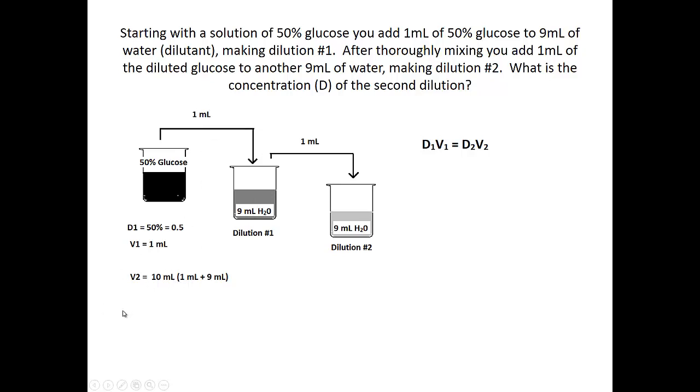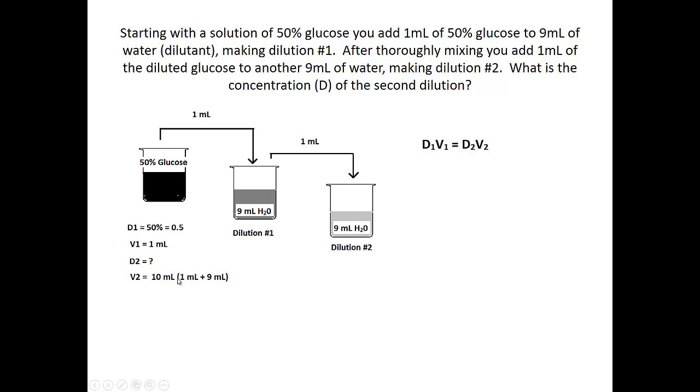What you have to recognize is that V2 is equal to the amount transferred, V1, plus the amount of water. So when we add the 1 to the 9, our final volume in that first dilution is 10 mLs. Even though it doesn't say 10 mLs up here, we have to realize the final volume of this first dilution will be 10 mLs. That's why V2 is equal to 10, the 1 plus the 9.